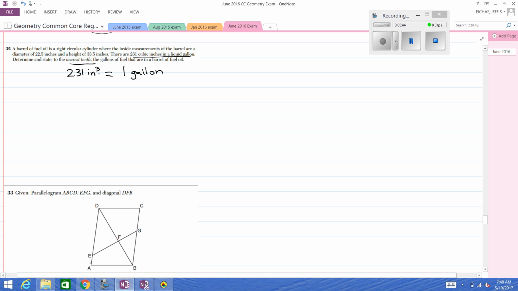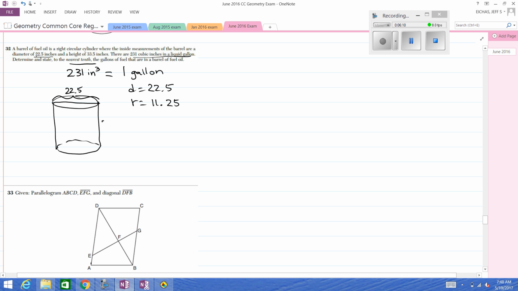Do the best you can drawing your cylinder. We've got a diameter of 22.5. If that's the diameter, we're going to need the radius, so you're going to divide by 2.